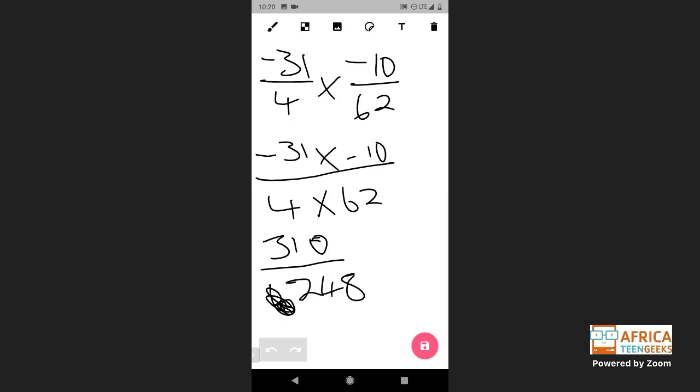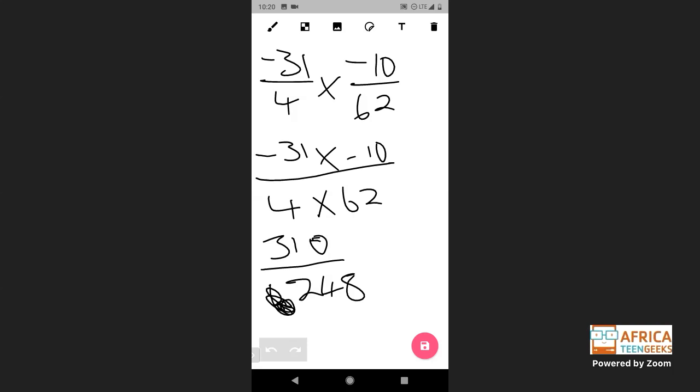But if those two numbers do have a highest common factor, you must find it and then divide it so that you can have your simplified fraction. Right. So what is the highest common factor for 310 and 248?